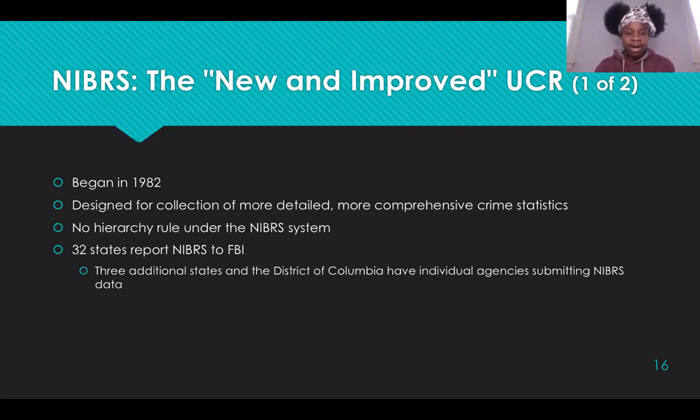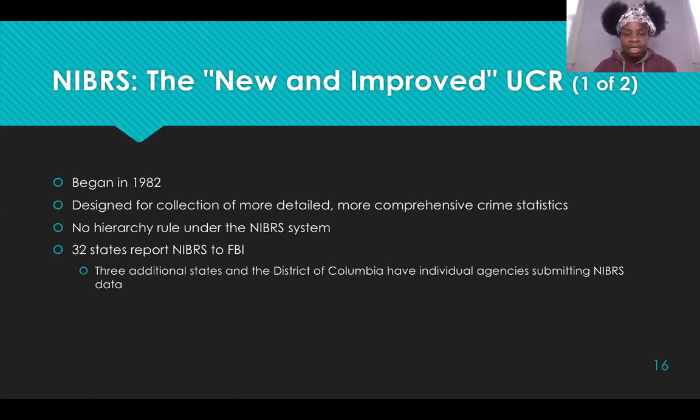With the NIBRS, there is no hierarchy rule under the system. It reports multiple victims, multiple offenders, and multiple crimes that may be part of the same incident. According to the Incident-Based Reporting Resource Center, as of June 2012, 32 states have been certified to report NIBRS to the FBI, and 3 additional states and the District of Columbia have individual agencies submitting NIBRS data.